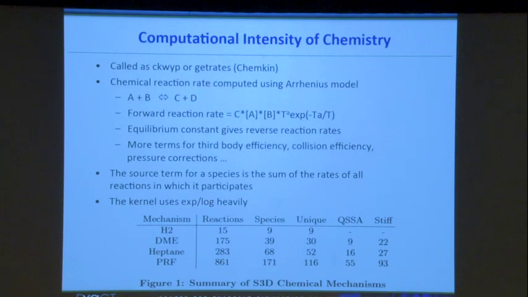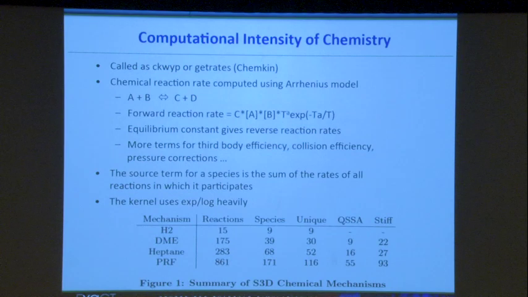And so in the evaluation of the rates, there are lots of transcendental function evaluations which are very expensive to do computationally. The equilibrium constant gives us the reverse reaction rates, and then there are some additional terms that are required to be able to account for three-body efficiencies, collision efficiencies, and pressure corrections.